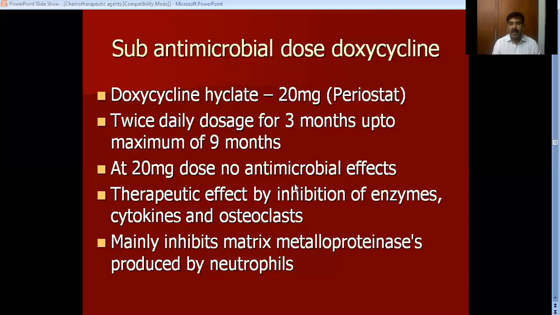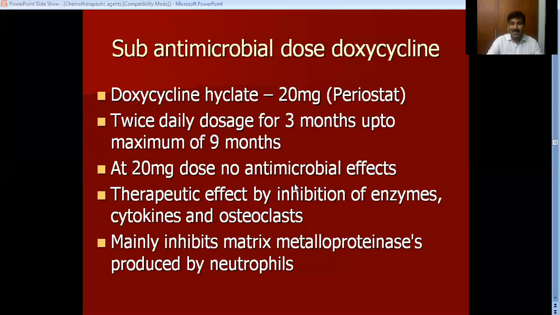So specifically when you give this doxycycline hyclate 20 milligram, which is commonly known as Periostat, it will block the matrix metalloproteinase 8 that is produced by the neutrophil. So you have different types of MMPs. Specifically, we are going to block this MMP-8 that is produced by the neutrophils. So that is the basic idea of giving sub-antimicrobial dose doxycycline.